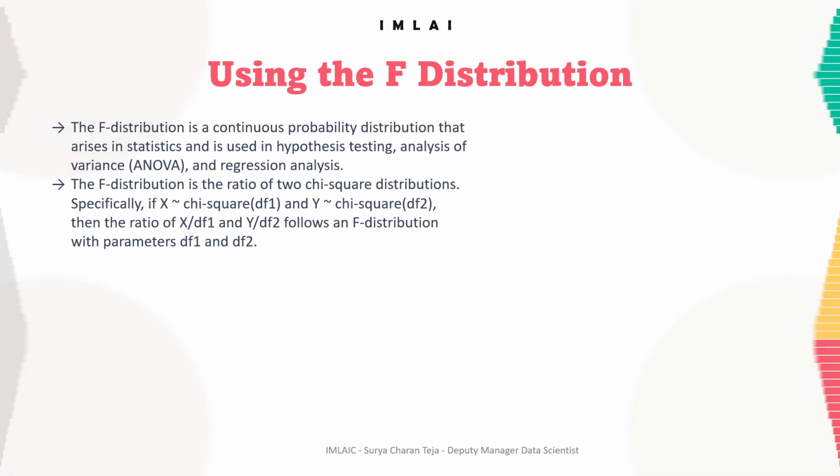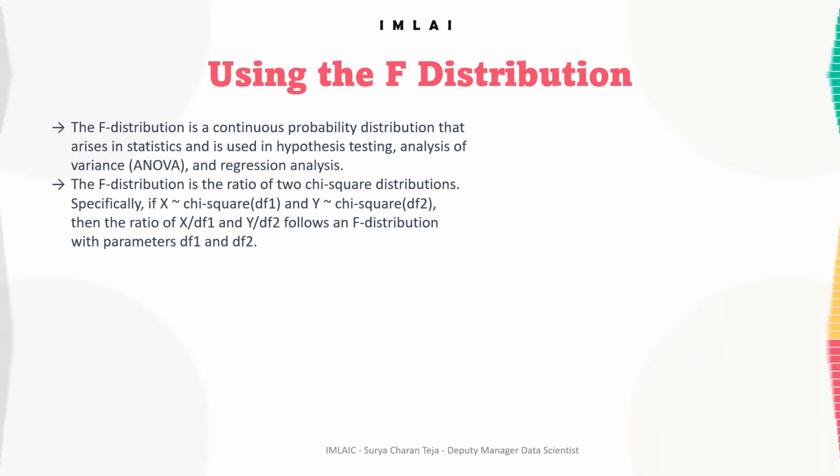Then the ratio of the chi-square with df1 and the chi-square with df2 follows an F distribution with parameters df1 and df2. We have done that in our previous video, where we explained how to build the F distribution itself.